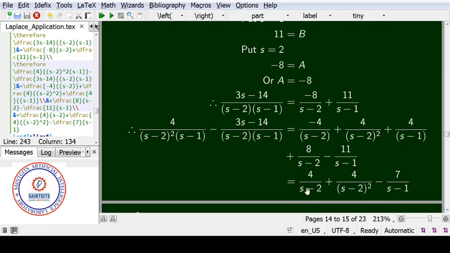There are some like terms. Simplify: s minus 2, s minus 2, so minus 4 plus 8 is 4. There is only one s minus 2 square term in the denominator, so 4 by s minus 2 the whole square. Then 4 by s minus 1 and minus 11 by s minus 1. When we add these numerators, we get 4 minus 11, that is minus 7 by s minus 1. So the entire RHS becomes these 3 simple fractions.